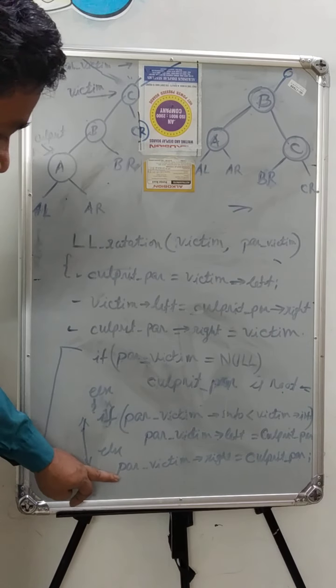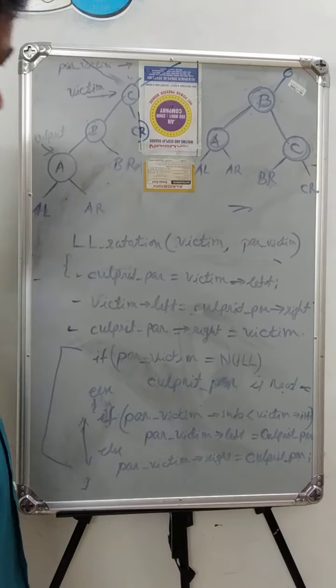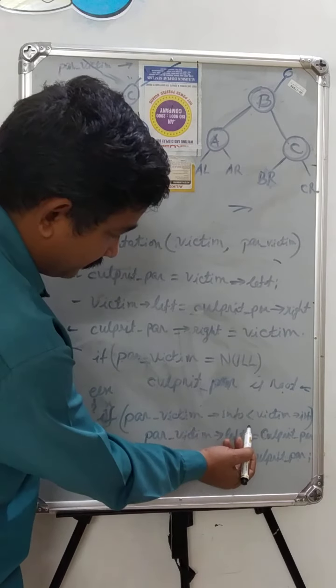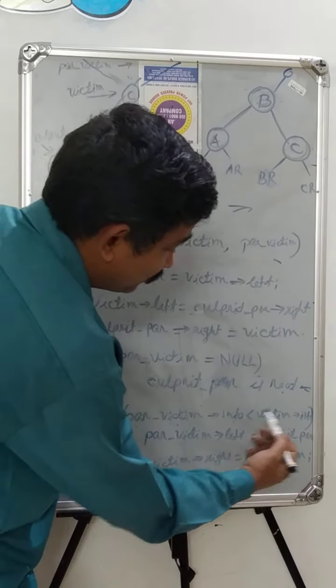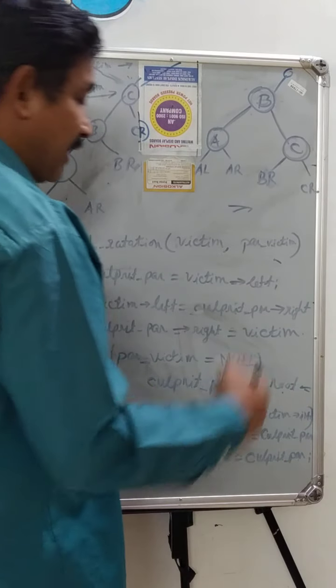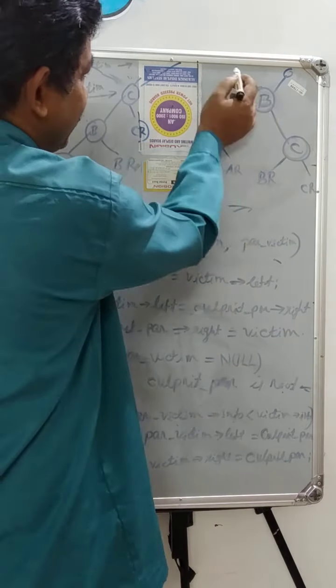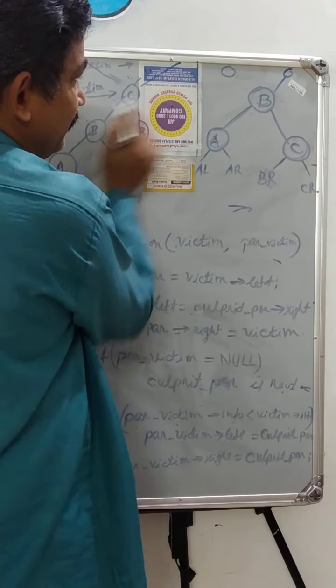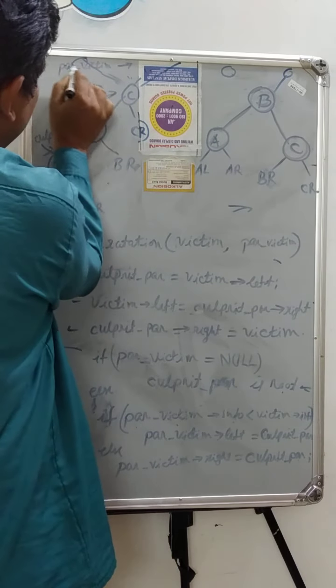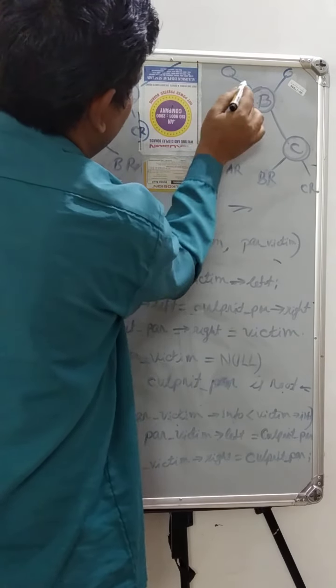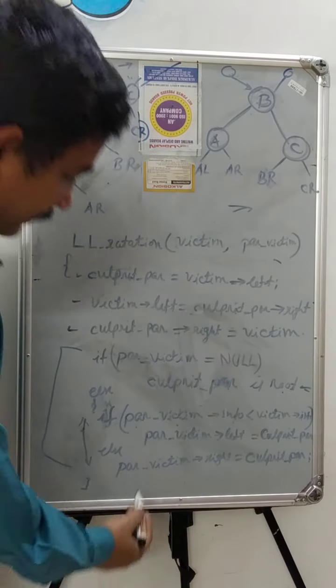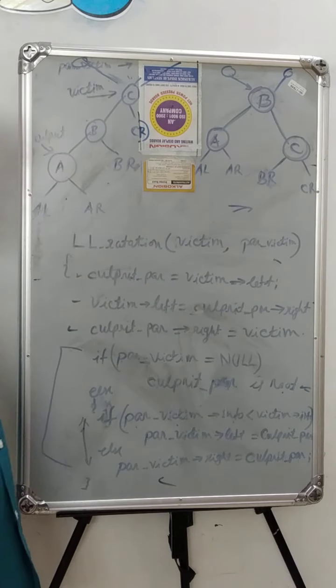Otherwise, the parent of the victim's right. Otherwise means the victim's information was not smaller, so it should be on the right hand side. In that case, the parent's right pointer should point to the node B. So this is recorded here.